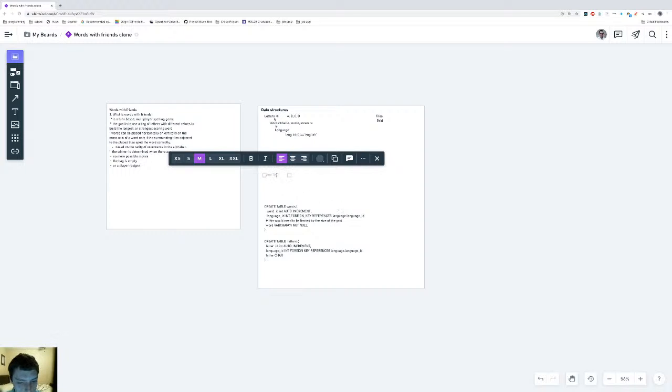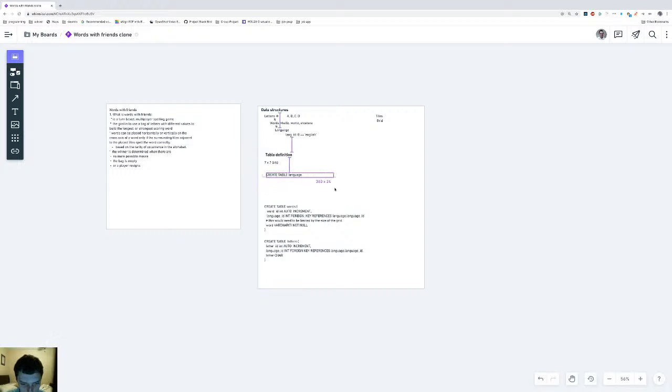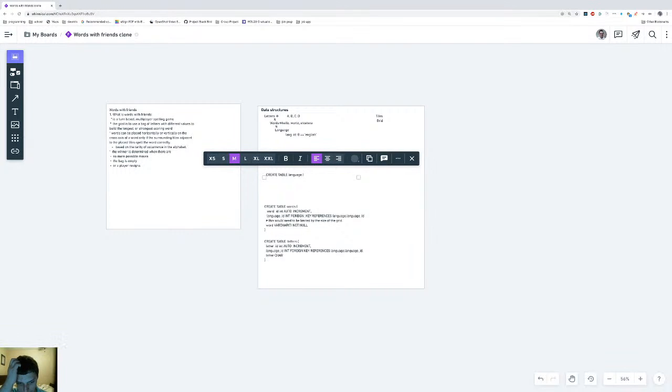So we go from letters, words to language like that. You really needed to know what language, like, this. Language ID, int.